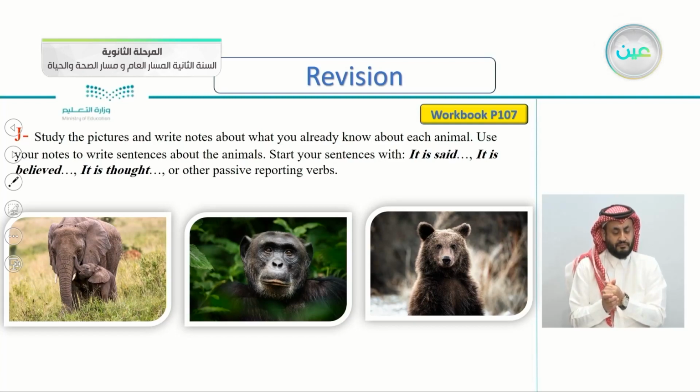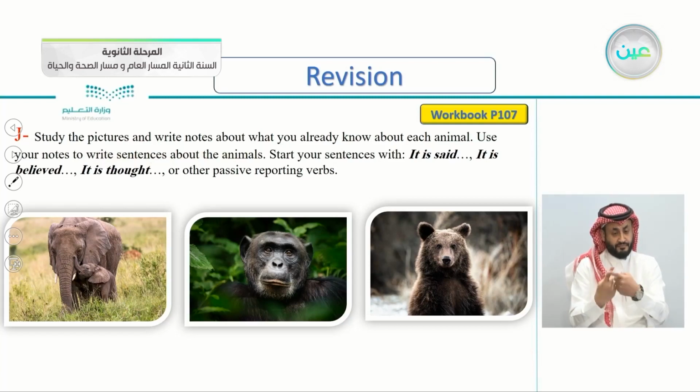Study the pictures and write notes about what you already know about each animal. So what you already know about elephants or chimpanzees or bears, you will write about. Use your notes to write sentences about the animals. So after you're done with the notes, use these notes to write sentences about these animals.